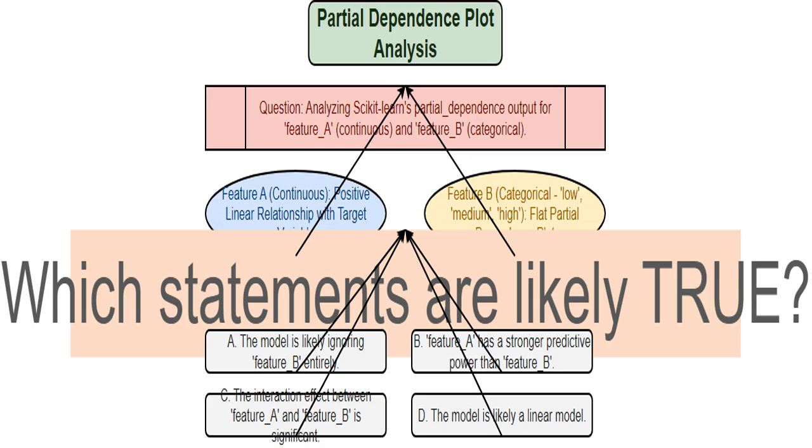The flat PDP for feature_B suggests it's not a strong predictor. However, it doesn't necessarily mean the model is completely ignoring it. The model might still be using feature_B in complex interactions with other features, which won't be captured by the marginal effect in the PDP. It could also be that its effects are very subtle and not easy to see in a simple PDP.